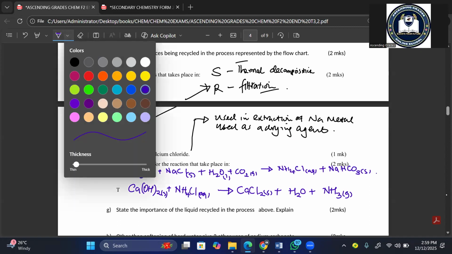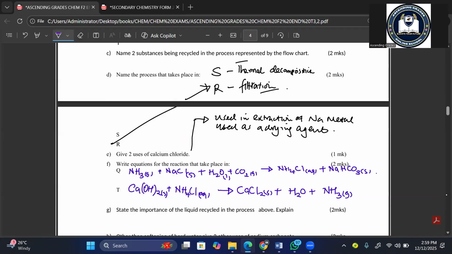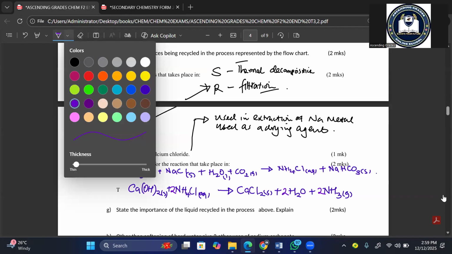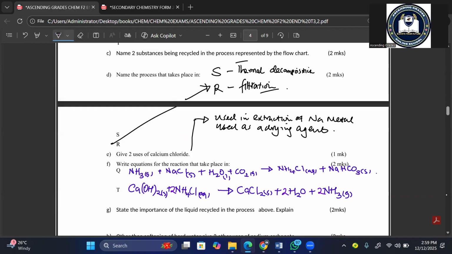So this equation is supposed to be balanced. So if you have 2 here, another 2 there, and 2 here, we are having these 2, we have another 2 here, and we have another 2 here. So it will be okay.